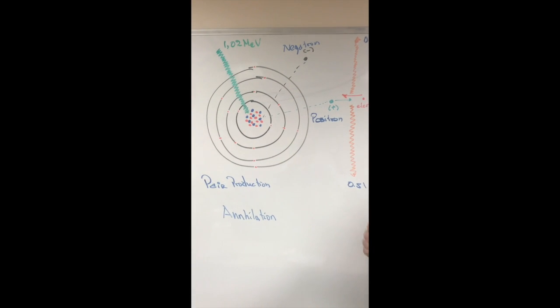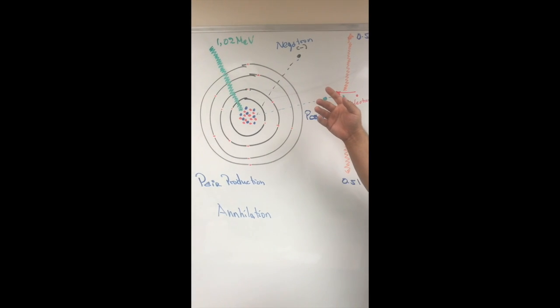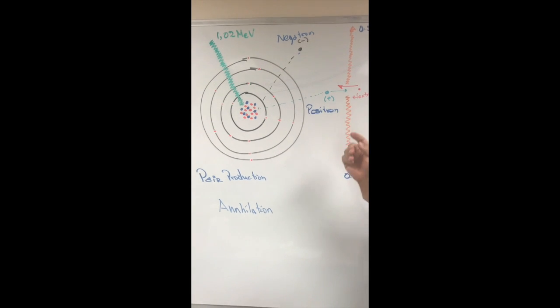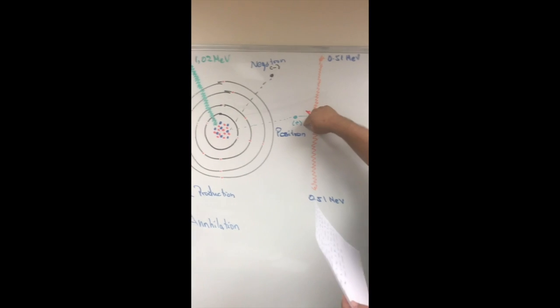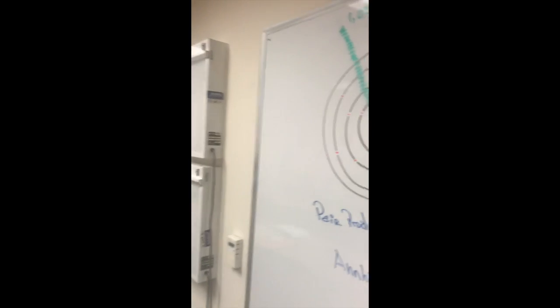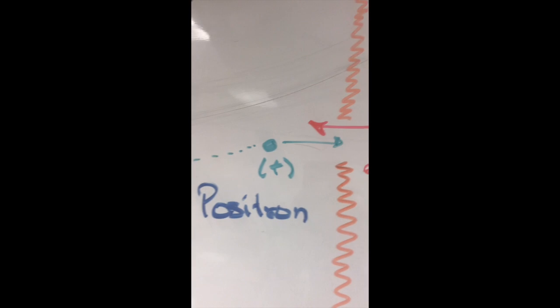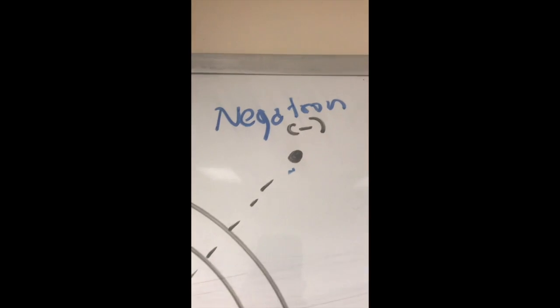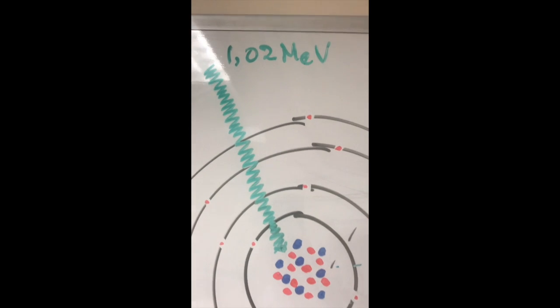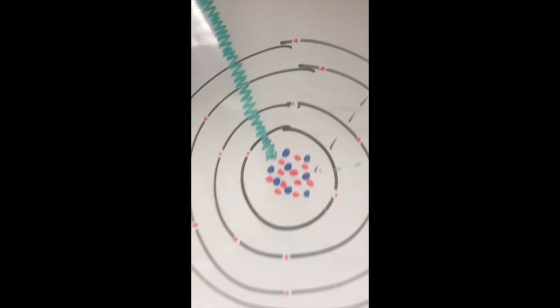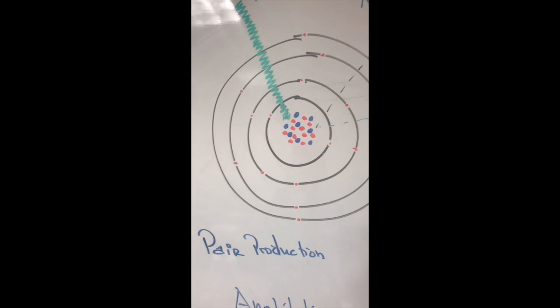This next interaction is called pair production. In this interaction, two particles of matter and antimatter are produced. One is a positive electron, which is also called a positron, and the other is a negative electron, which is called a negatron. The incoming X-ray photon is at least 1.02 mega electron volts. So this is pure energy that is converted to matter and antimatter.